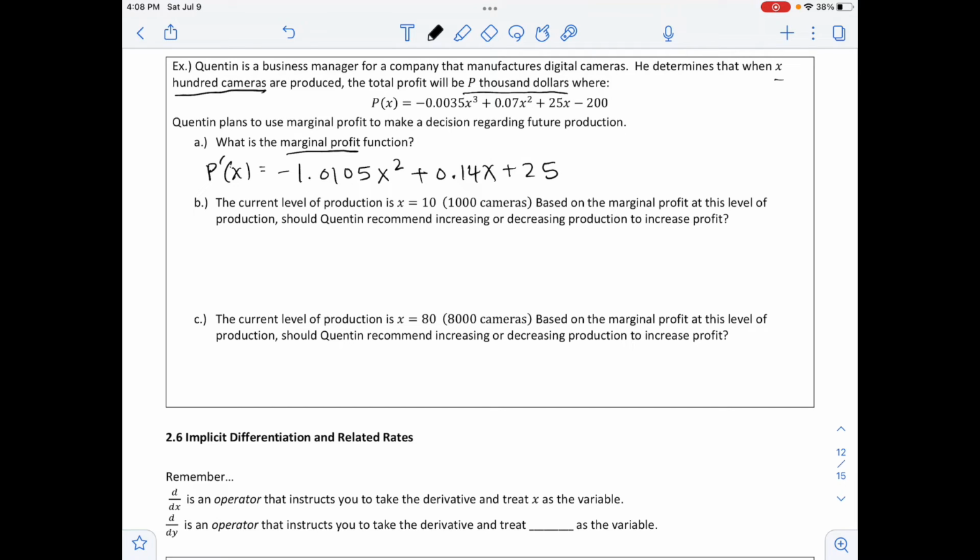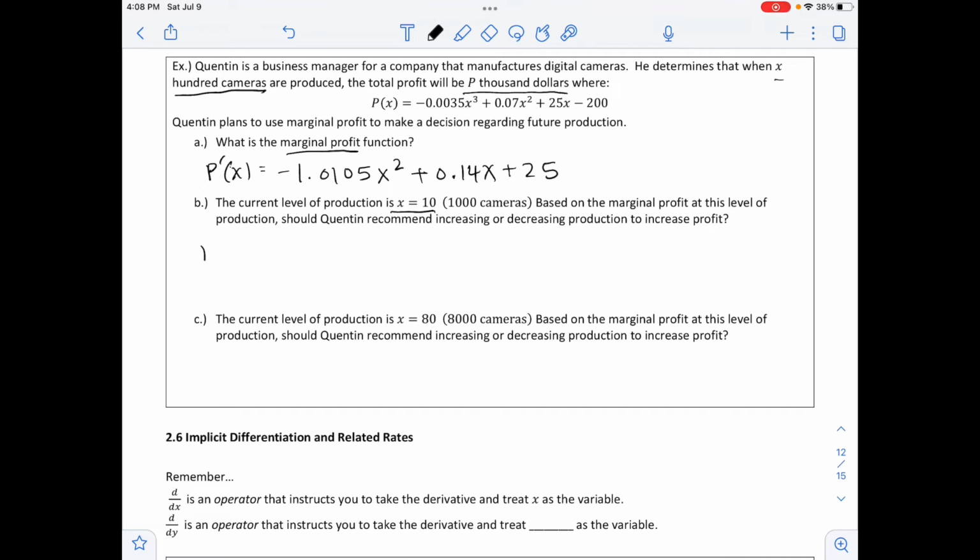Part B says the current level of production is X equals 10. So 1,000 cameras. Based on the marginal profit at this level of production, should Quentin recommend increasing or decreasing production to increase profit?